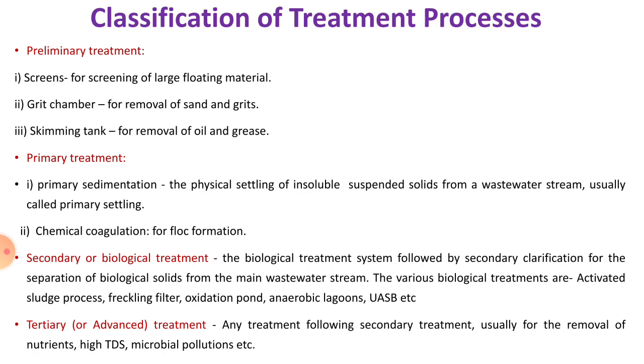The various biological treatments are activated sludge process, trickling filter, oxidation pond, anaerobic lagoons, and the UASB, etc. So once the suspended solids are removed in the primary treatment, if the biological solids are present in the form of organic matter or inorganic matter in the wastewater, definitely it will require a secondary treatment, which is also called a biological treatment.